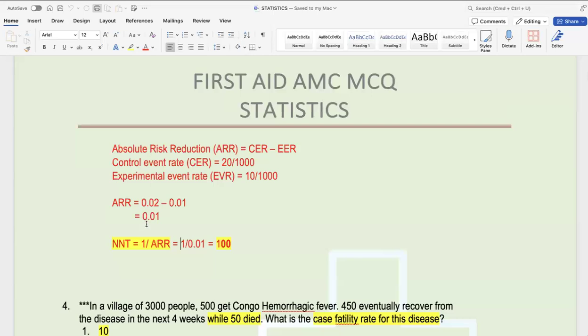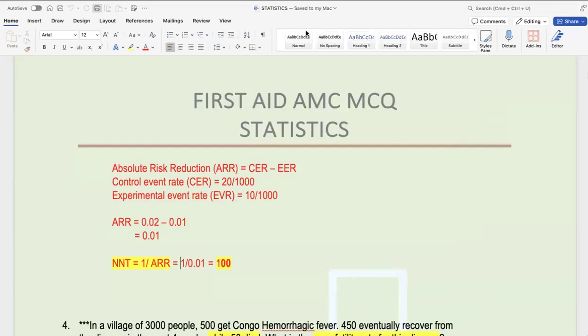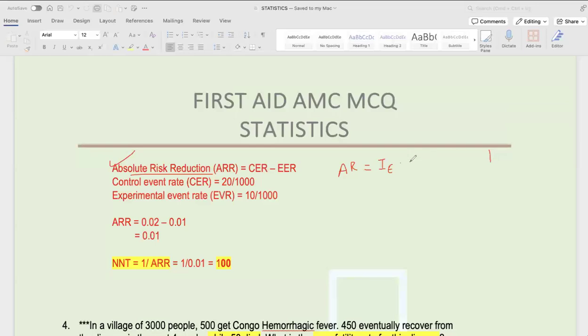So for attributable risk, that's where the math comes. To find the attributable risk, which we also call absolute risk reduction, whatever it is, it is the incidence of a disease in the non-exposed group minus the incidence in the exposed group.